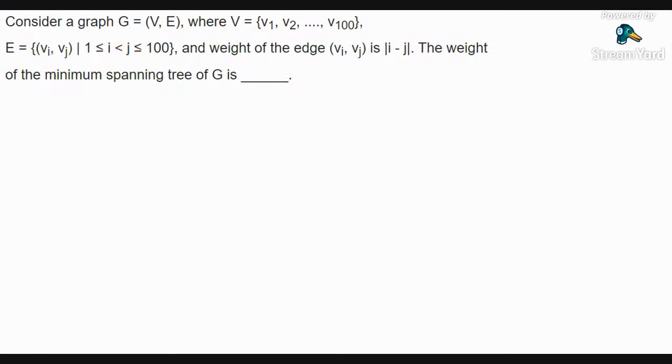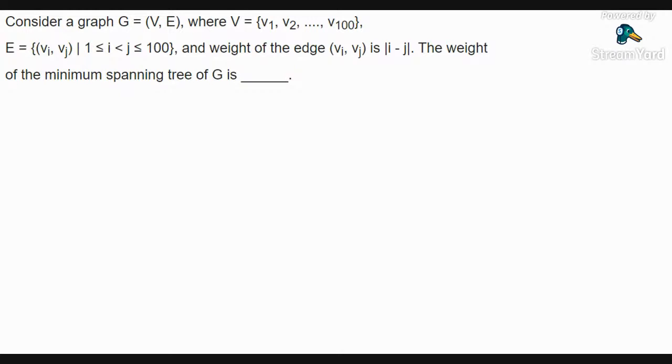One more question. See the graph G(V, E), where a total of 100 vertices are there. And these are the edges, and the weight of Vij is equal to mod of i minus j. Here is a similar question that we have seen, where the weight of the edge Vi, Vj was 2 multiplied by i minus j, but here it is only i minus j, and we are taking the modulus of this.